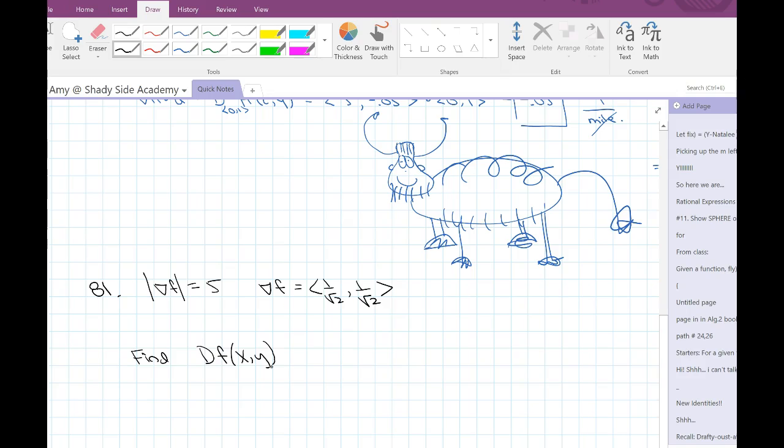Moving directly north is in the direction of what, everyone? Yes, 0, 1. And this, as you know, is equal to del F dot the unit vector 0, 1, which equals 1 over root 2, comma 1 over root 2, dotted with 0, comma 1, which then equals, at the end of the day, 1 over root 2.